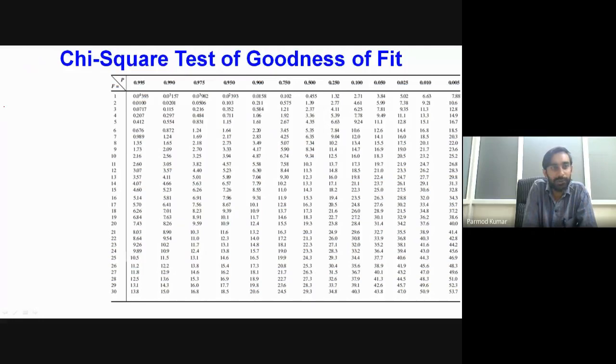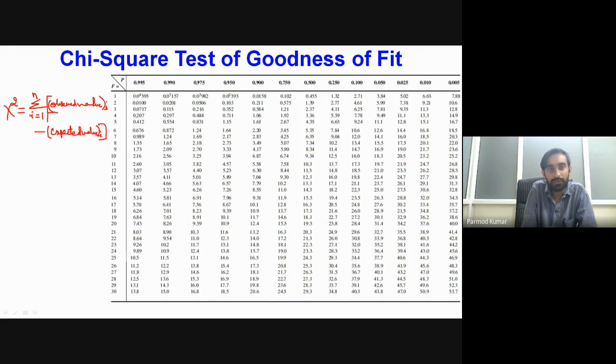In this test, we calculate one value which is known as chi-square. Chi-square represents the summation over the entire data set, of the observed value, which we obtain from the experimental data set, minus the expected value, squared, divided by the expected value.